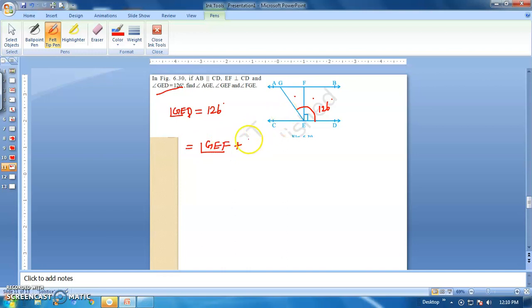plus FED. Look at the diagram. So this GED is nothing but 126. So 126 equal to GEF, which we don't know, so write GEF as it is, plus FED. FED is nothing but 90 degrees, already given. So this one is 90.